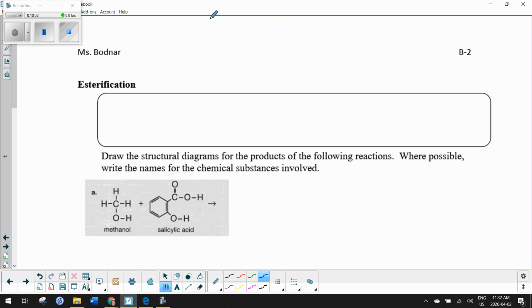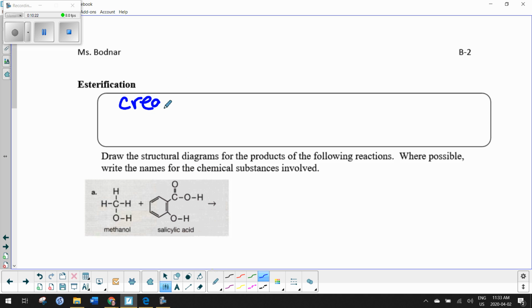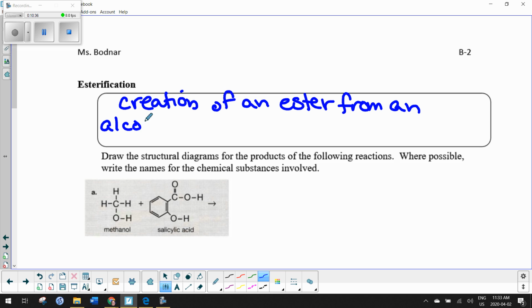So just to note, esterification, you can put this down if you so wish, but this is just talking about the creation of an ester from an alcohol and carboxylic acid combo.